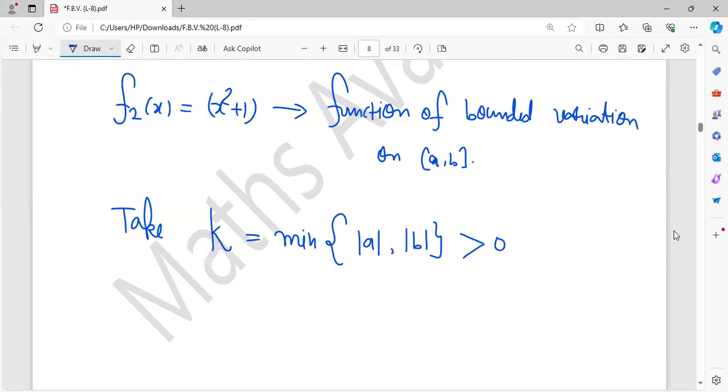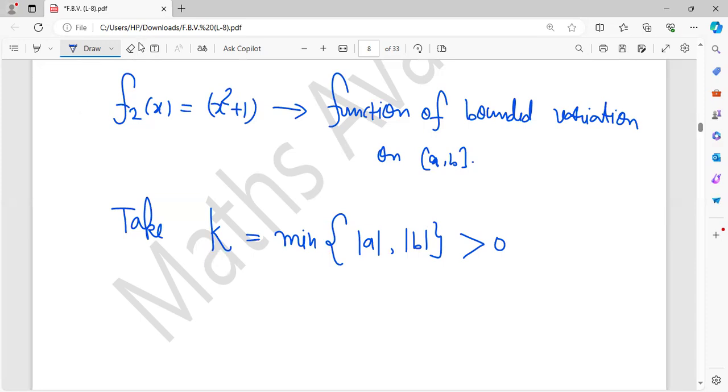Yes. Because a and b are real numbers such that a is less than b. So both numbers cannot be 0. So at least one of the absolute values of a or b will be greater than 0. So the minimum will be greater than 0. Sorry, 1 minute.